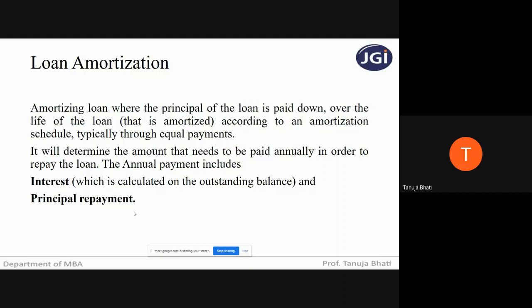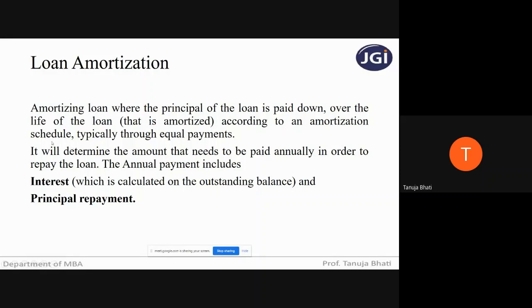So, loan amortization, reading this slide: loan amortization is amortizing a loan where the principal of the loan is paid down over the life of the loan. The life of the loan, as I told you, may be 10, 15 or 5 years depending upon the paying capacity of the customer. So the principal amount is spread over the life of the loan, that is, amortized according to an amortization schedule.